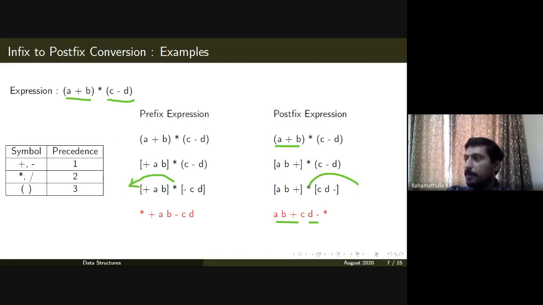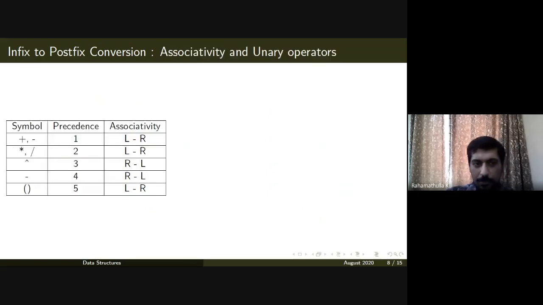Now let's try to add some more operators onto it. Presently we have considered only addition, subtraction, multiplication, and division. Let's try to add some more operators.